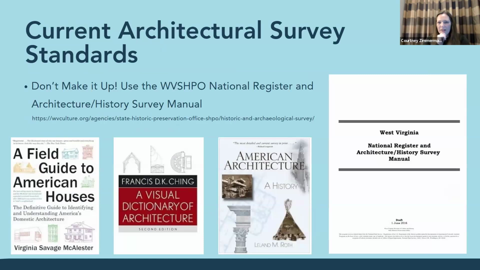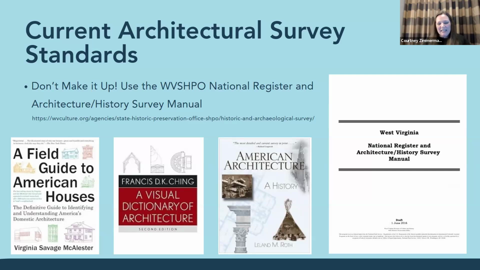So again, current architectural survey standards, you don't need to make it up or guess, because every state SHPO has a National Register and survey manual. It's usually online on their website, or you contact them and it's a PDF and you can see exactly what they want. It tells you everything you need to know. Here are the materials you can choose from.